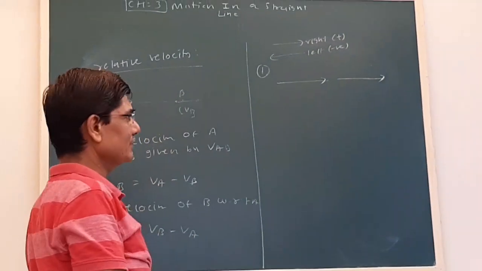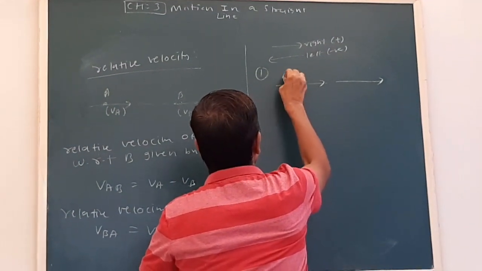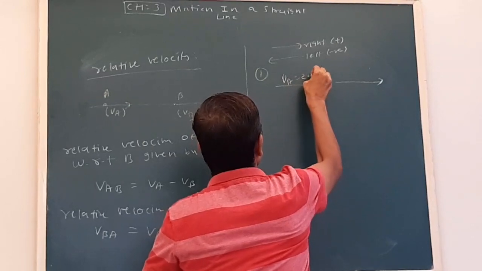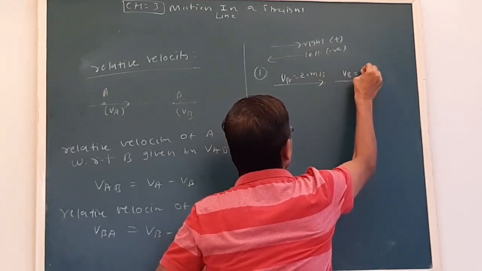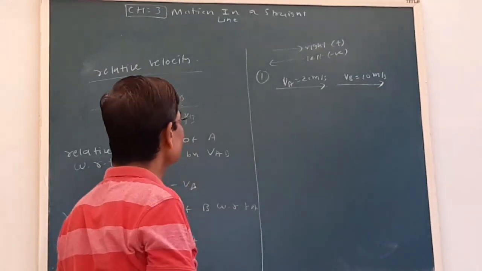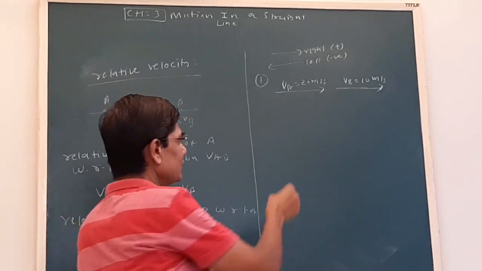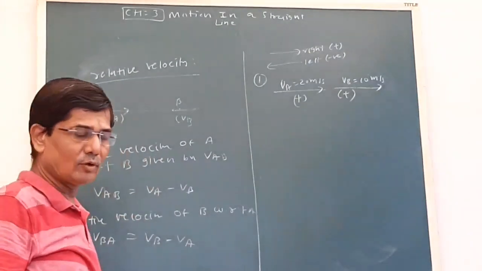By taking a simple example, we can study this. Let us say VA is 20 meters per second, VB is 10 meters per second. By our convention, both move to the right-hand side, so both we consider positive.